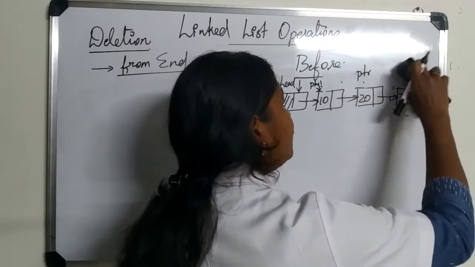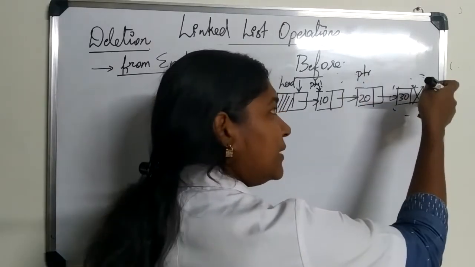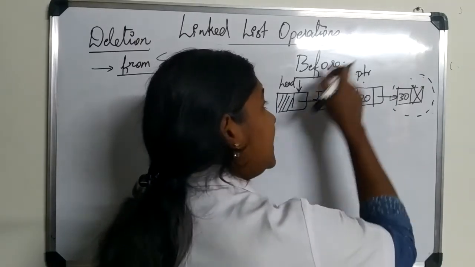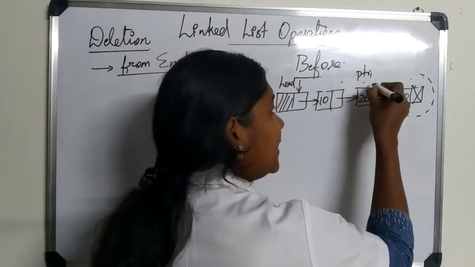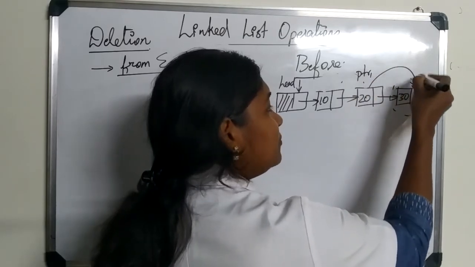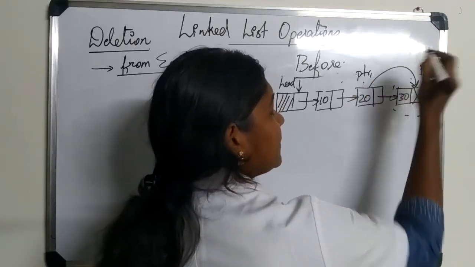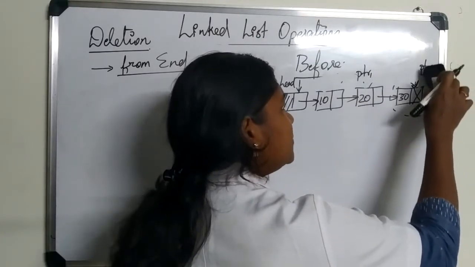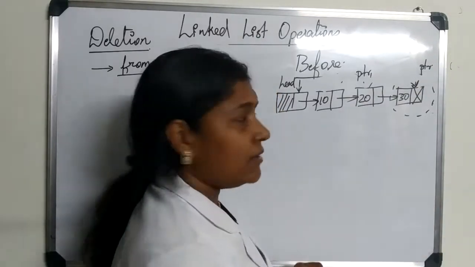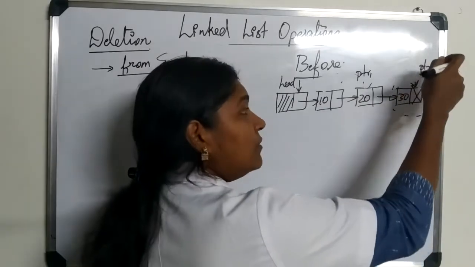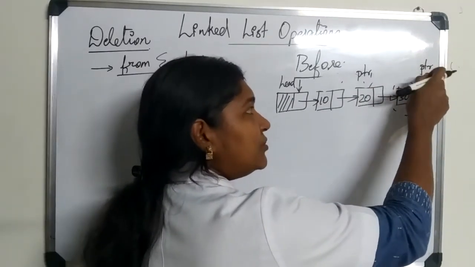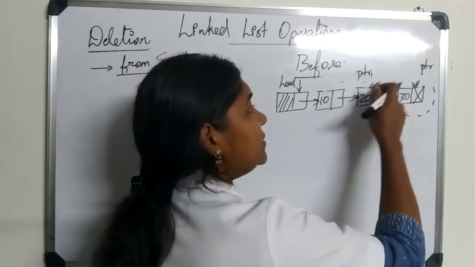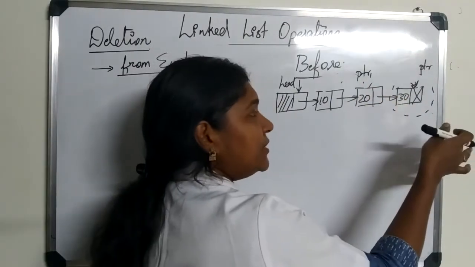And when we move PTR to the next node, first we'll assign PTR1 equal to PTR, then PTR equal to PTR dot next. So like this we are moving. This is the same loop concept which we used in insert at any location. Okay. So when PTR reaches the last node, PTR1 would be at the second last node. Now it is very easy to perform the operation.